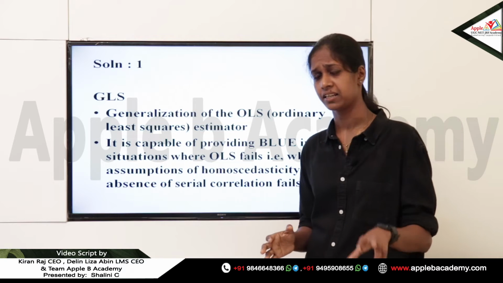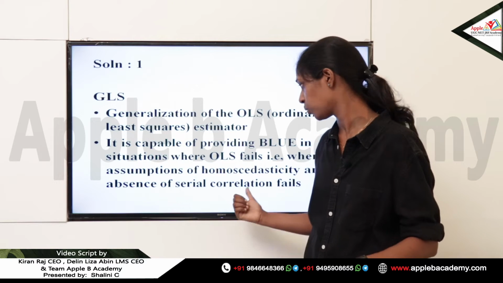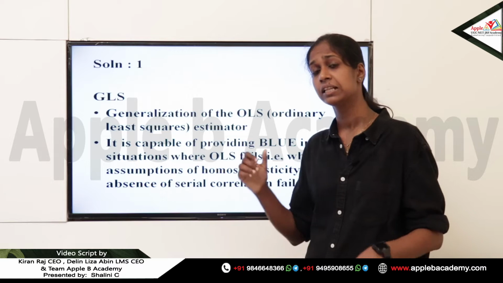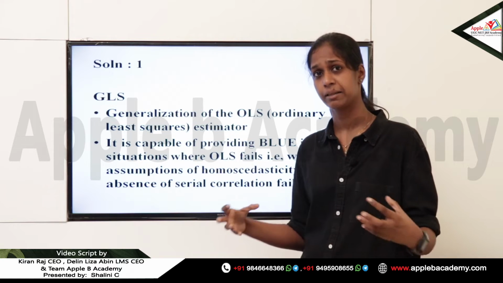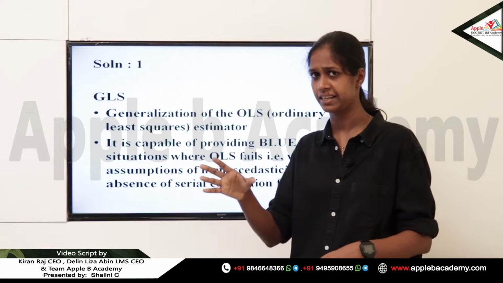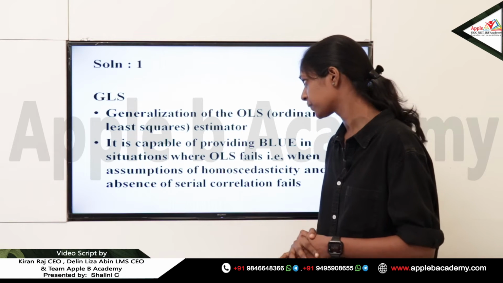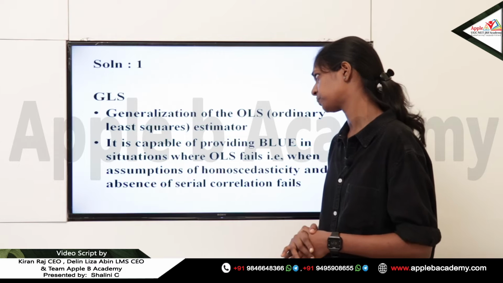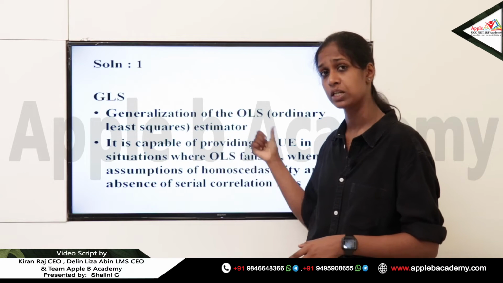In a classical linear regression model, there are certain assumptions that hold the model together. One of them is homoscedasticity and one of them is there is no serial correlation, that is there is no correlation or dependence between the error terms. So those are the primary assumptions of classical linear regression model. We have already discussed that in the sections related to that. So what they are trying to say here is the GLS is capable of providing BLUE. So what is BLUE again?